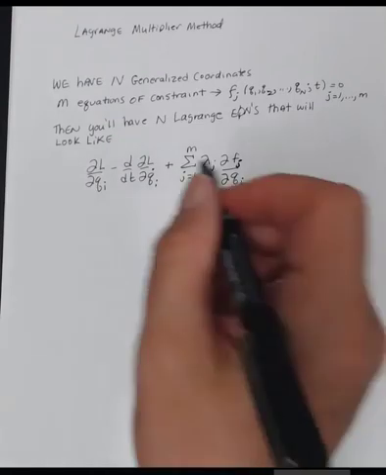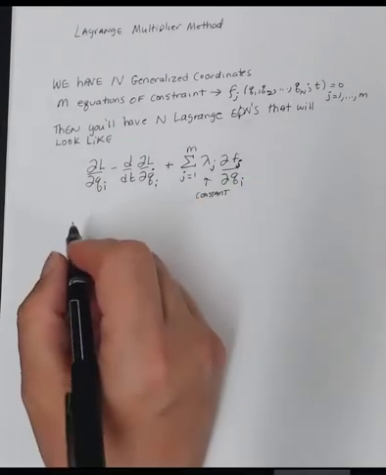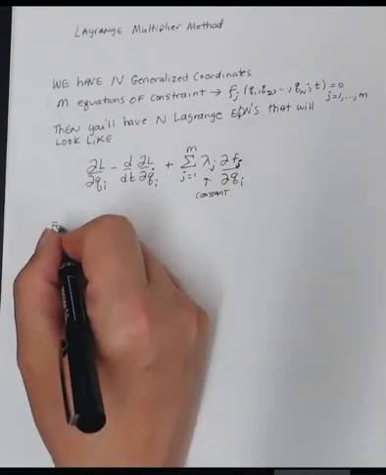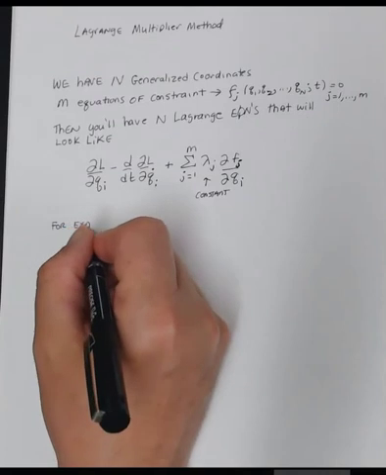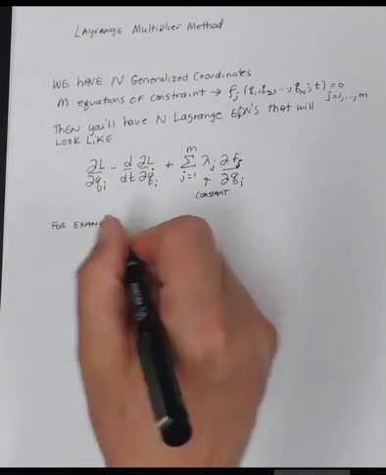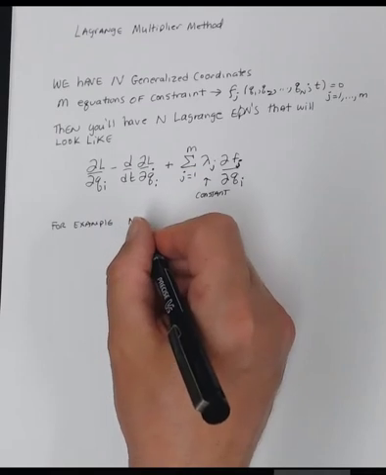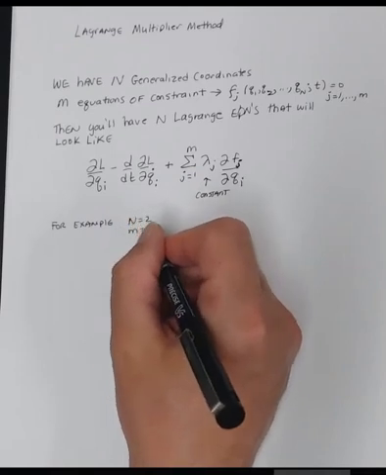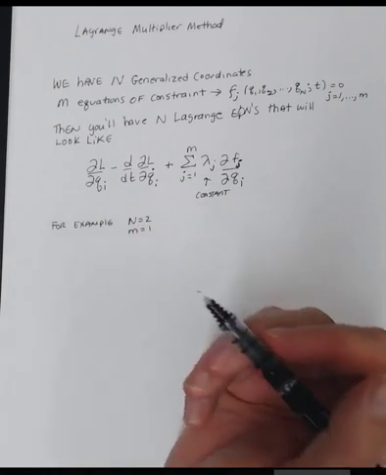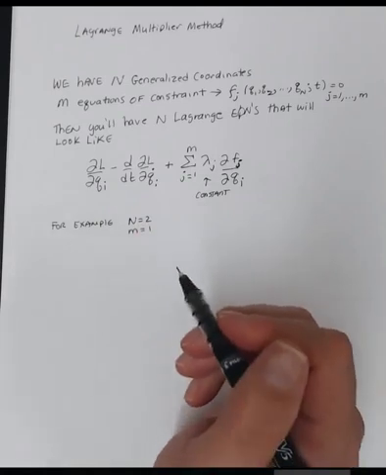So let's say, for example, we have two generalized coordinates. So n equals 2, and let's say we only have one equation of constraint. So that means there's really 1 degree of freedom.